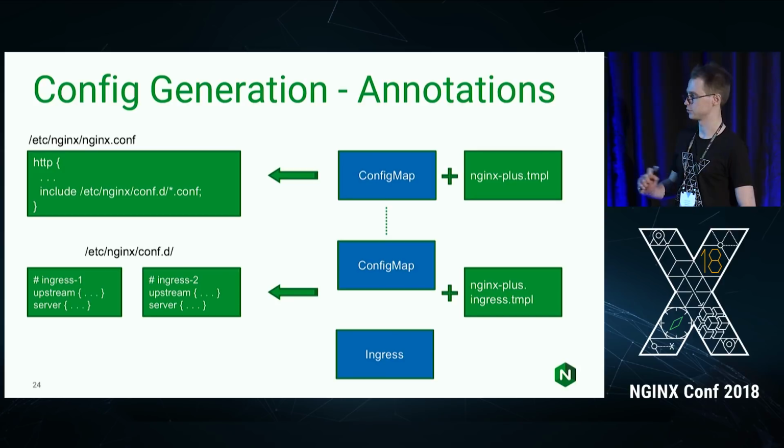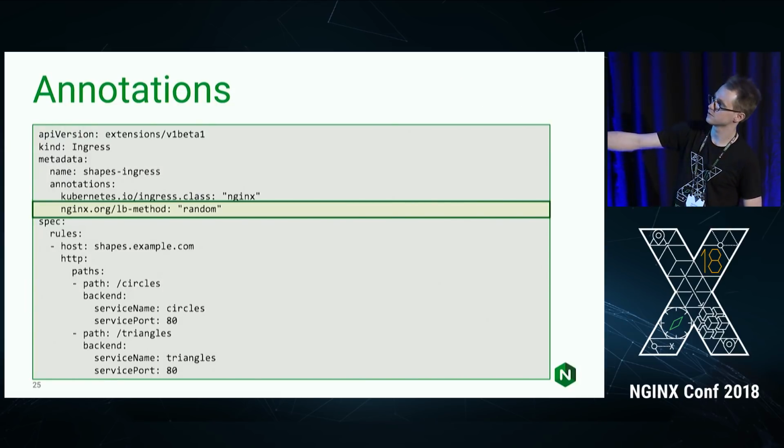There's also another way to customize the configuration for the Ingress resources, and this is to use annotations. And annotations are simple string key-value pairs that you can attach to any Kubernetes resource, including Ingress resources. So here we go. This is our shapes example that comes from a demo Ingress. So we add another annotation here, nginx.org/lb-method.